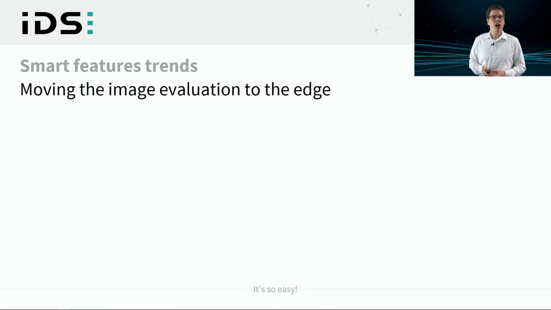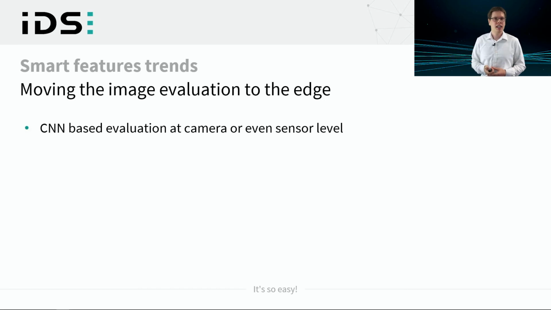The mighty Artificial Intelligence has also found its way into image sensors today. There are stacked sensors available with convolutional neural networks, called CNNs, to evaluate the image directly at the edge. They signal the outcome of this evaluation instead of some image data. We will not step into how those CNNs work or what they can be used for.